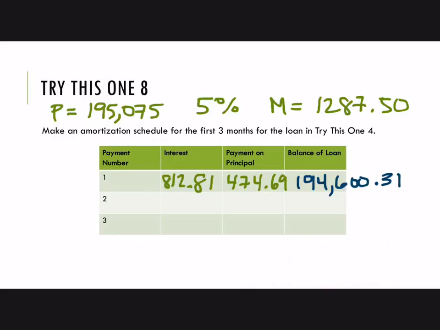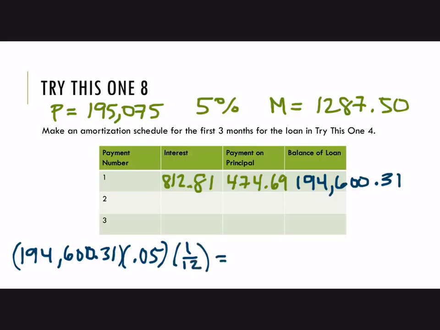Okay, for the next month, repeat those steps. We have a new principal. Okay, the new balance of the mortgage. All right, times 0.05 times 1/12, or you could just divide by 12. All right, and that gives an amount of interest that's $810.83.